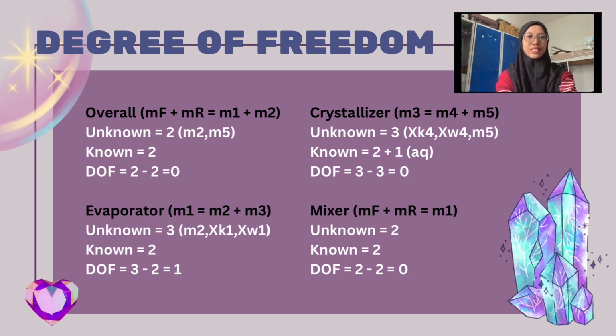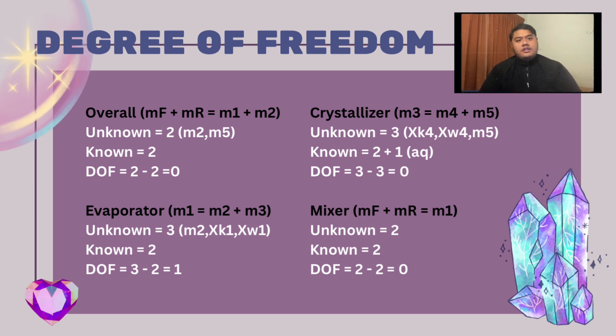For the crystallizer, the equation is M3 equal to M4 plus M5, introduce the unknown XK4, XW4, and also M5, and two unknowns plus an additional known from the aqueous solution, yielding a DOF of 0. And finally, in the mixer, the equation is MF plus MR equal to M1, with two unknowns and two knowns also results in a DOF of 0.